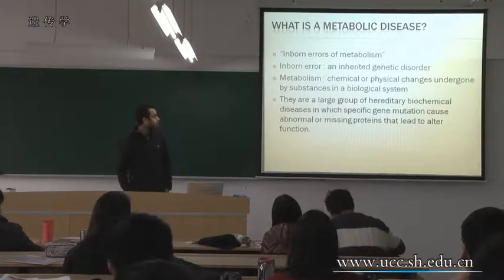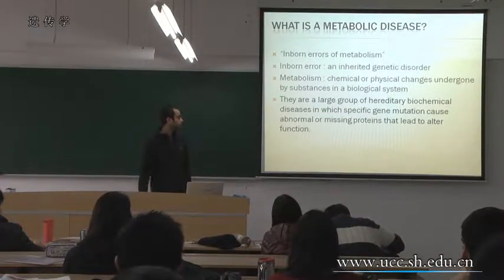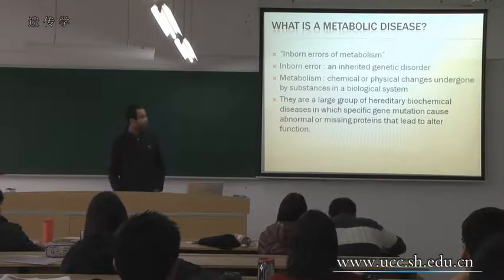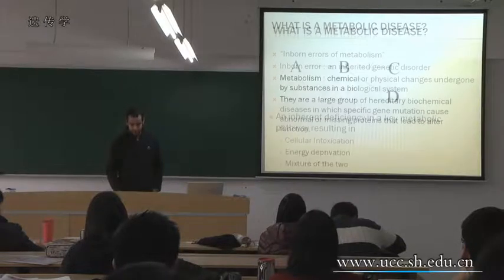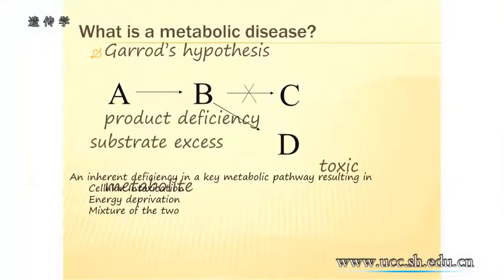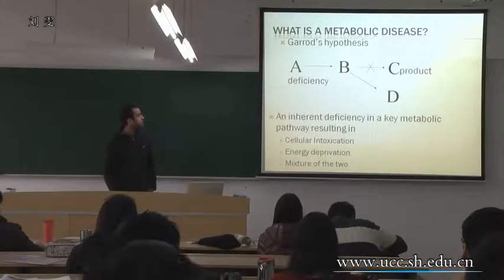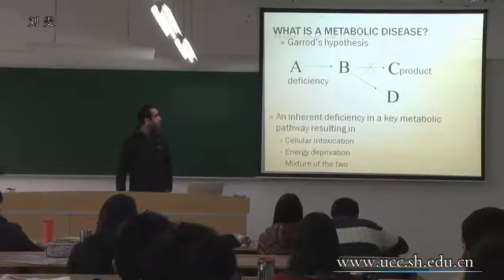There are a huge amount of hereditary biochemical diseases in which a specific gene mutation causes abnormal or missing proteins that lead to an altered function. So basically, we have a hypothesis introduced by Archibald Garrod in 1908.